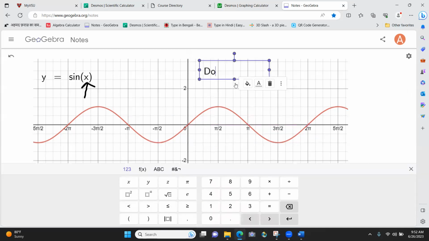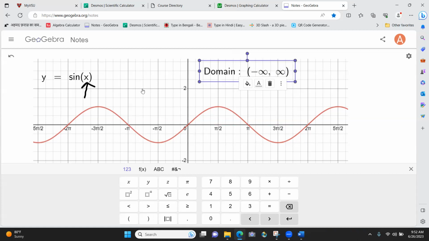So domain. Now, the best way to write domain is, guys, write it like this. Okay.